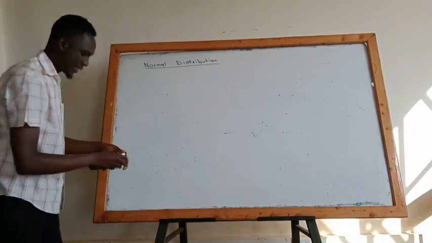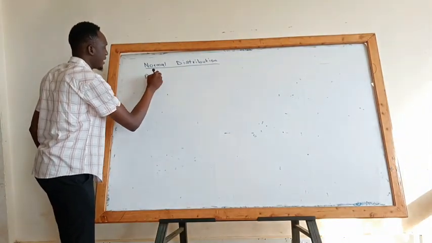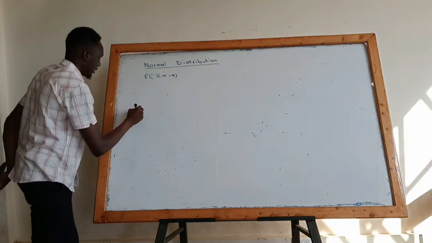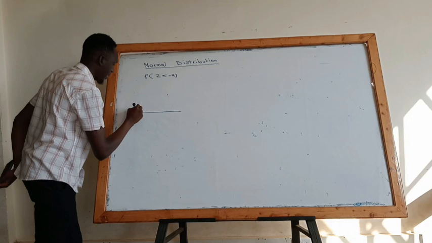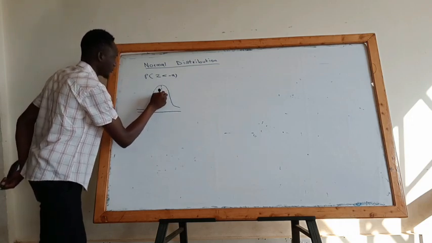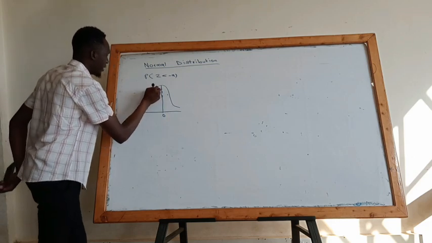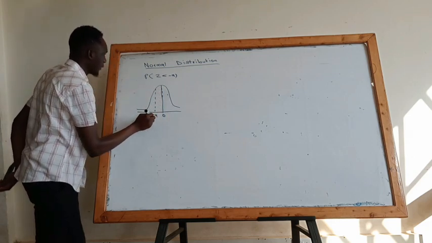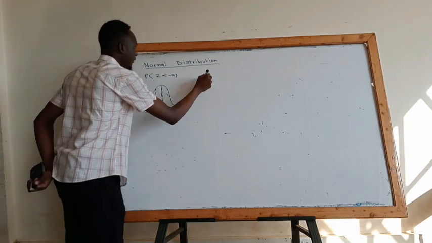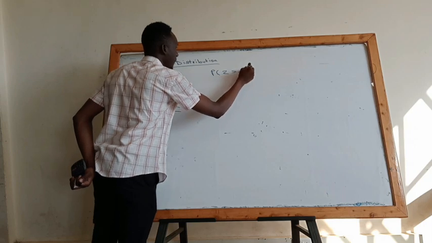We are told, for example, to find the probability that Z is less than negative A. Negative A is somewhere here. Less than means the area to the left.